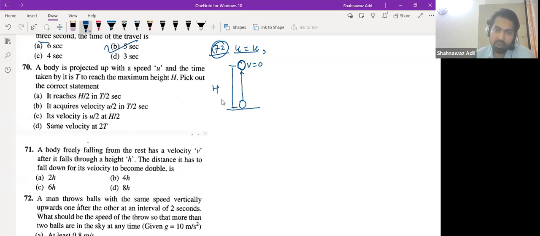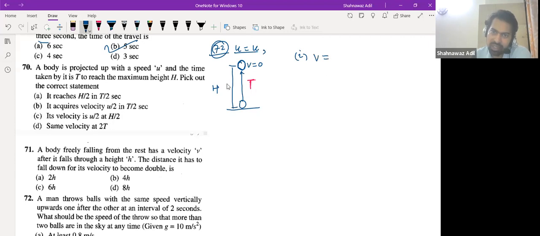So what is the relation between this h and time is also given. So time is t, right? Now we know the equation. What would be the first equation, Akib? First equation of motion: v is equal to u plus at.